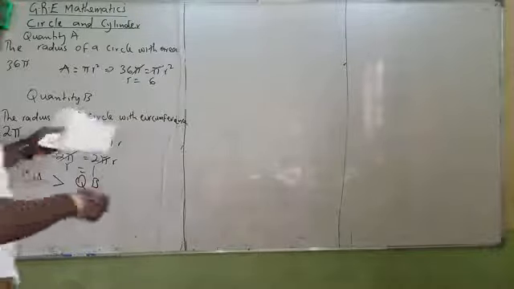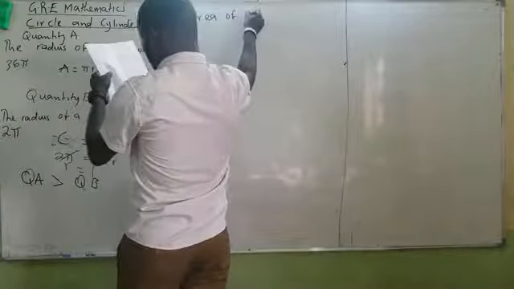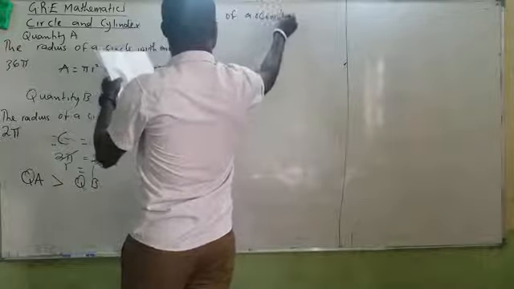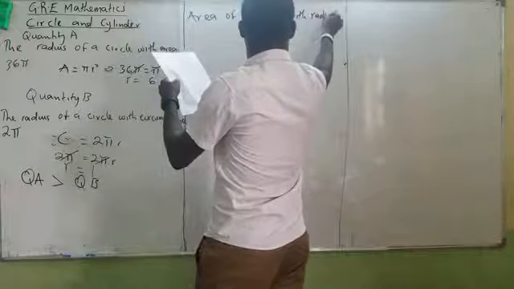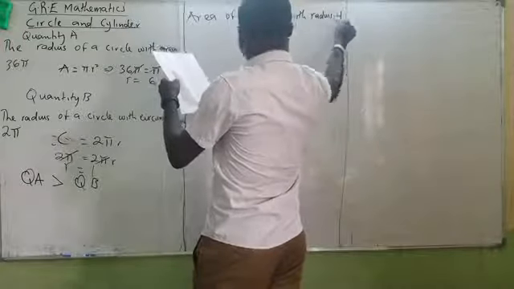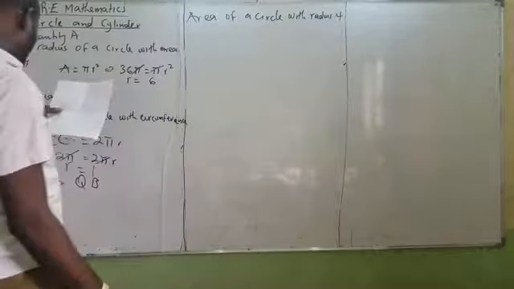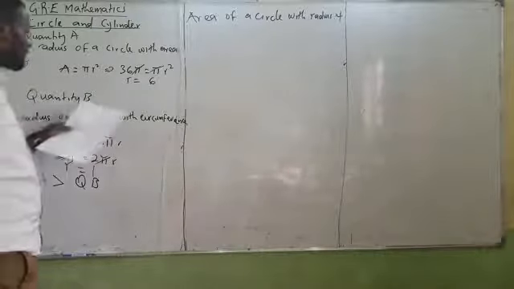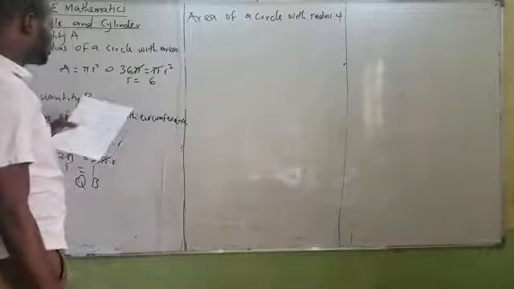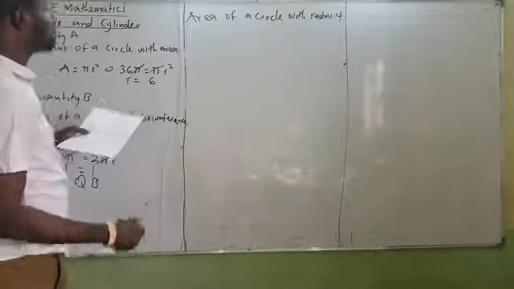Now, another question is given to us here. You are asked the area of a circle with radius 4.